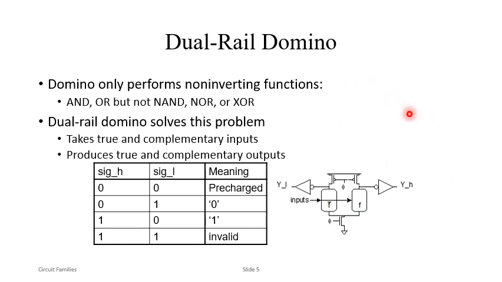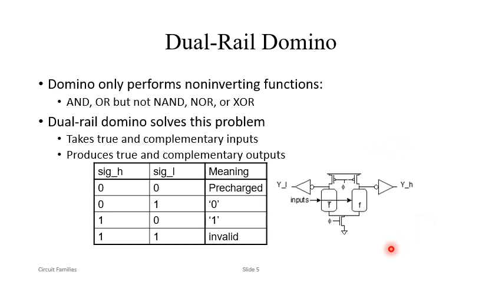Then dual rail domino. Dual rail domino logic can compute all inverting and non-inverting logic functions. This can be viewed as a dynamic form of CVSL. It encodes each signal with a pair of wires.